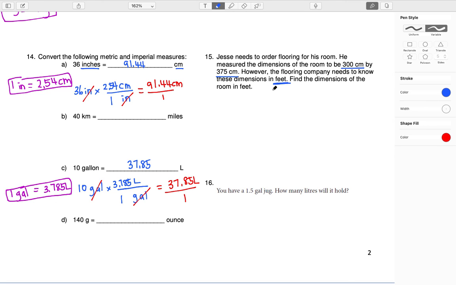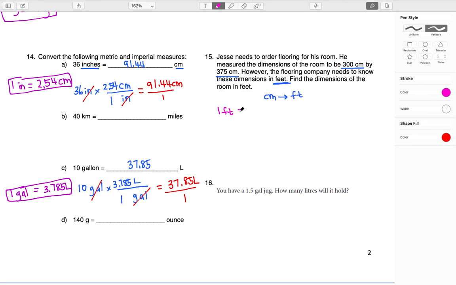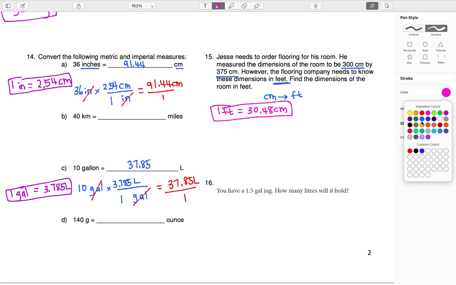So in this case, we are going from centimeter to feet. If you look at the conversion chart, you will notice that 1 foot is equal to 30.48 centimeter. So can you predict what's going to happen next?